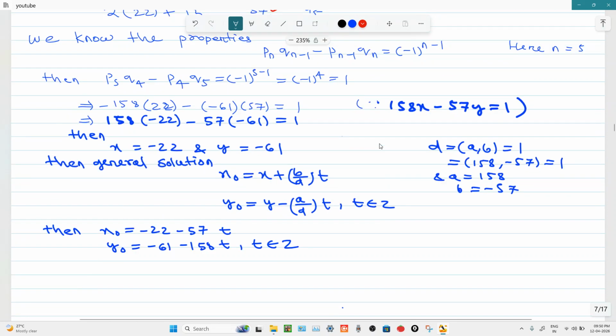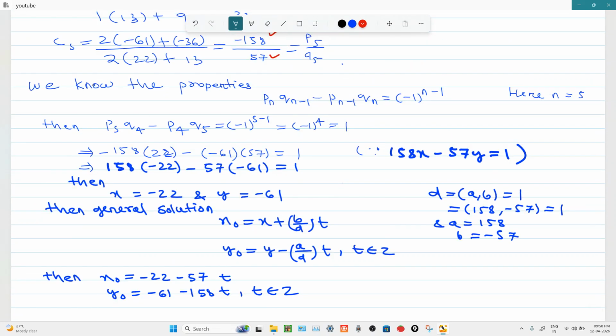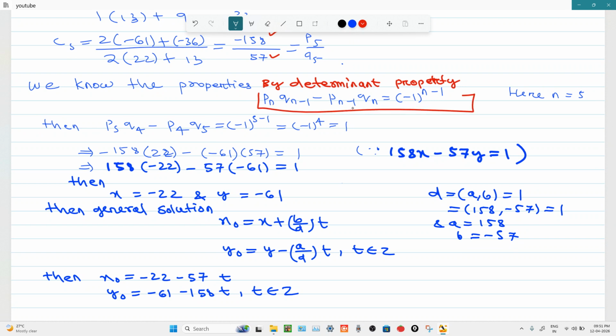We know by the determinant property, remember this formula, so the solution you can get easily. Pn Qn minus 1 minus Pn minus 1 Qn equals minus 1 to the power n.